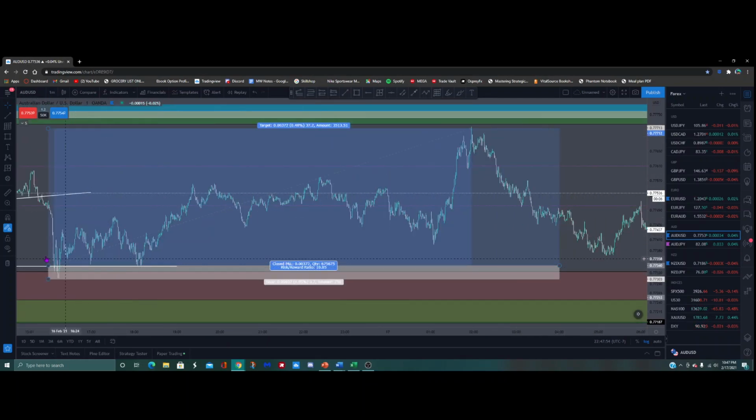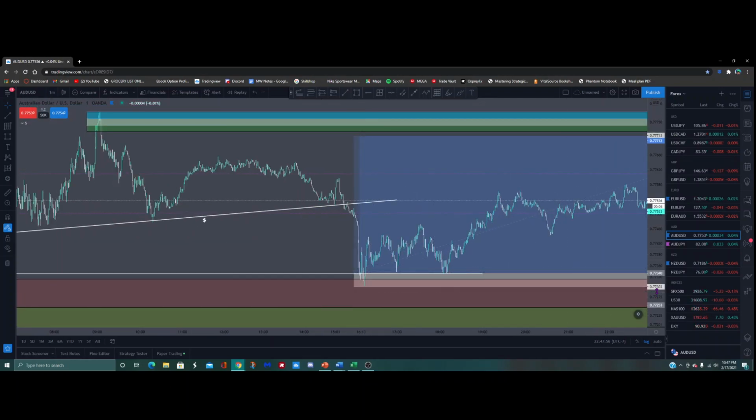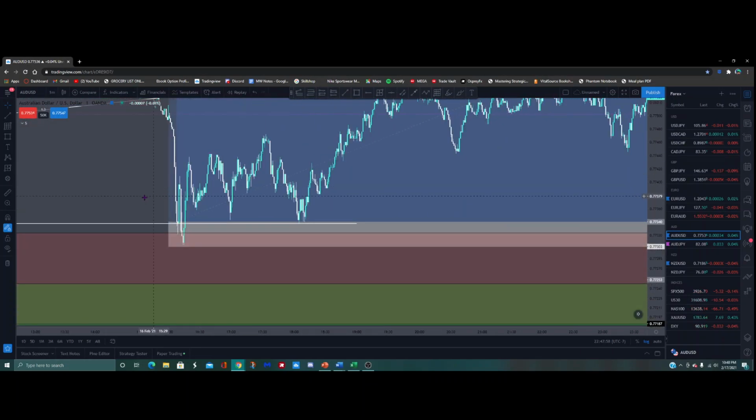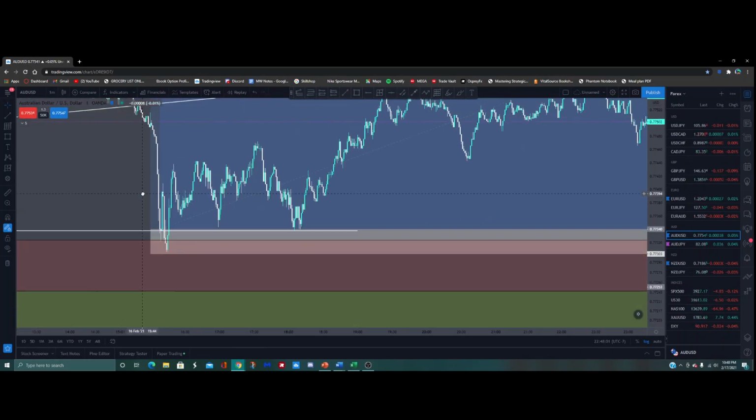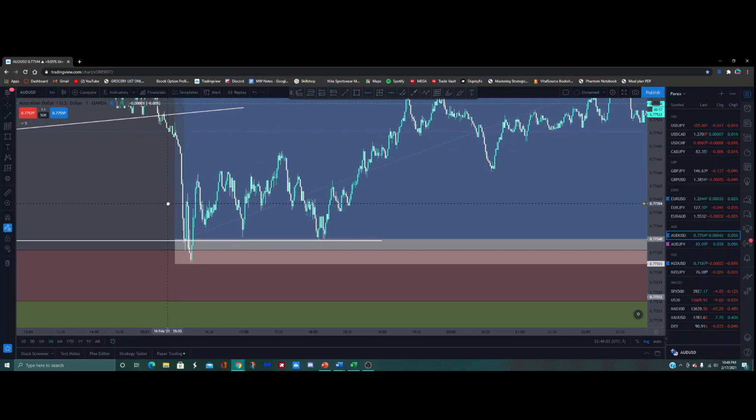But if we look at this from this standpoint, we'll go back down into this area. What I mean is we could have gotten a confirmation entry in this. Obviously, this wouldn't have been the best confirmation entry, in my opinion, just based on price action here.